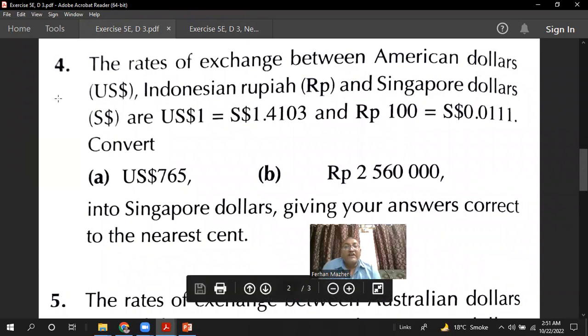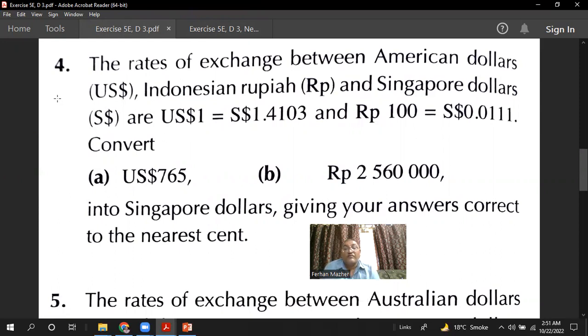The rates of exchange, that's question number 4 from exercise 5E. The rates of exchange between American dollars, Indonesian rupiah, and Singapore dollars are: 1 US dollar equals 1.4103 Singapore dollars, and 100 rupiah equals 0.0111 Singapore dollar.